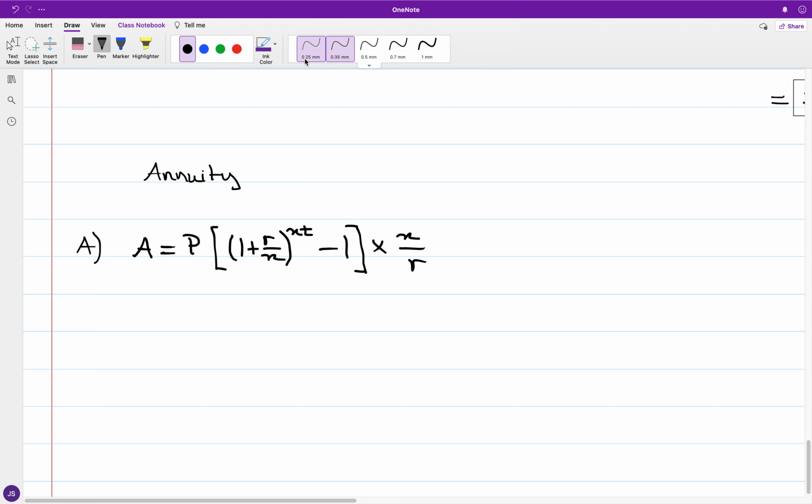For the building blocks here, we have P is equal to $1,000.